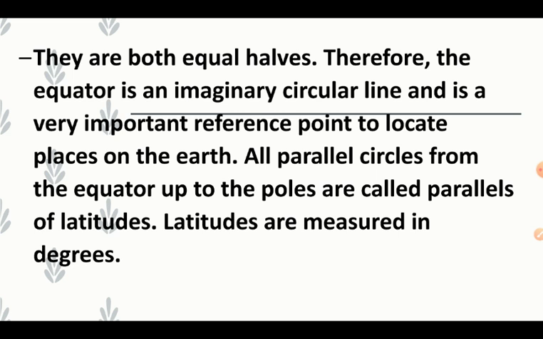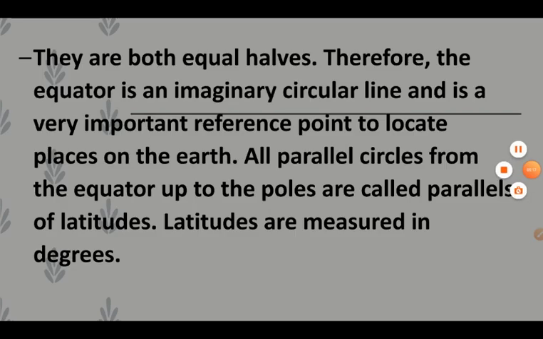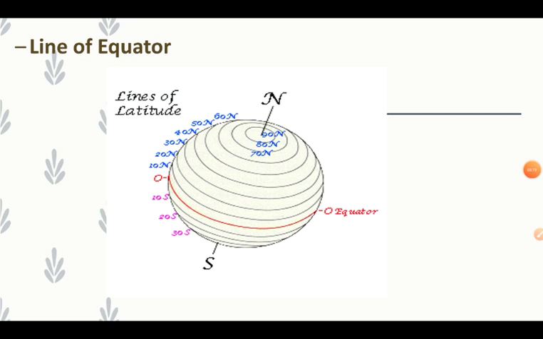All the parallel circles from the equator up to the poles are called parallels of latitude. Latitudes are measured in degrees, as I already explained in that picture. Again I am going to show you the picture. You can see the parallel lines, northern parallel lines and southern parallel lines.